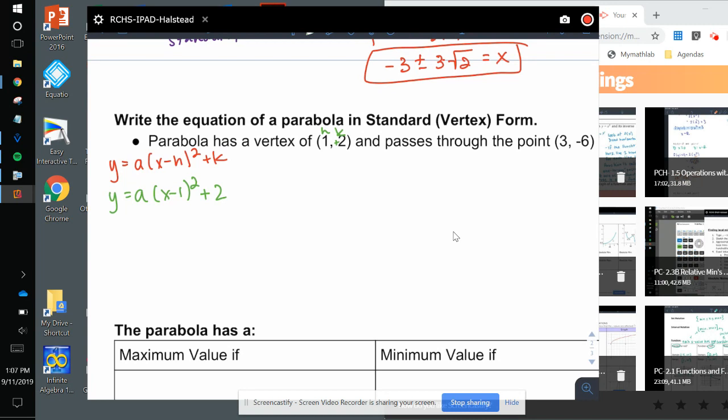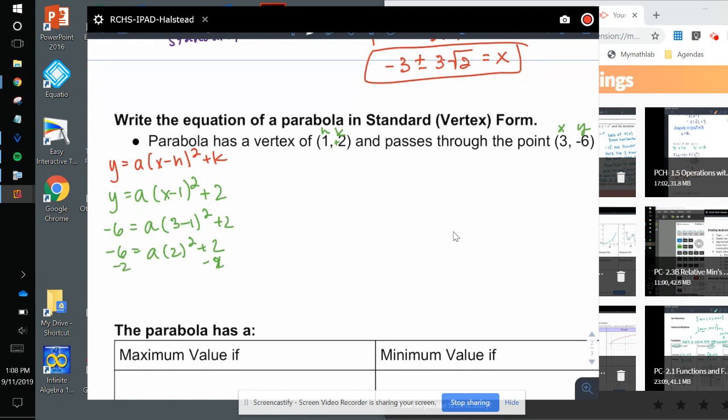All right, I have one unknown, so I need to solve for my a value, and I can see out here I have a point that is x comma y. So I'll plug that in. Negative 6 is equal to a times (3 minus 1) squared plus 2. Negative 6 is equal to a times 2 squared plus 2. I'm going to go ahead and subtract this 2 right here.